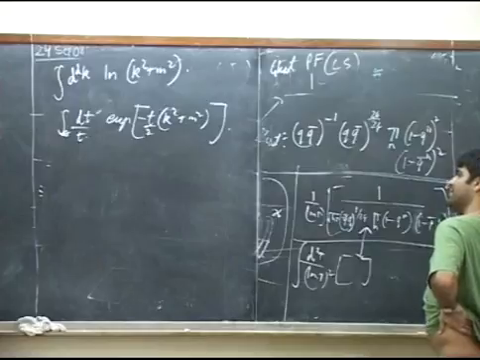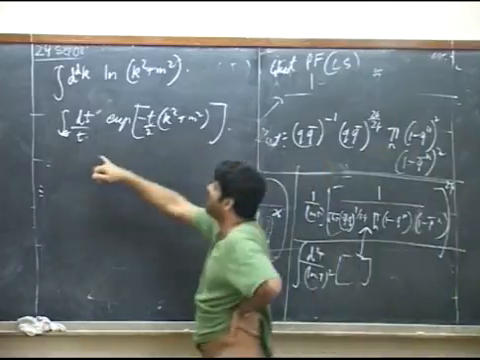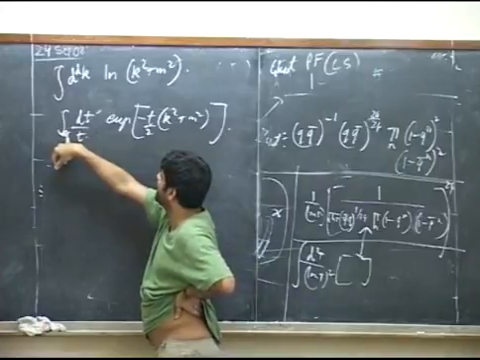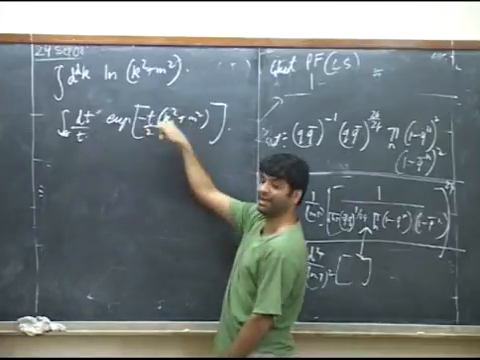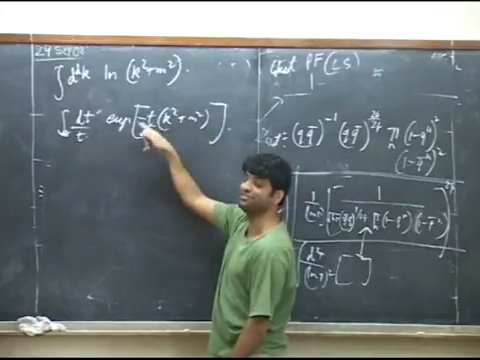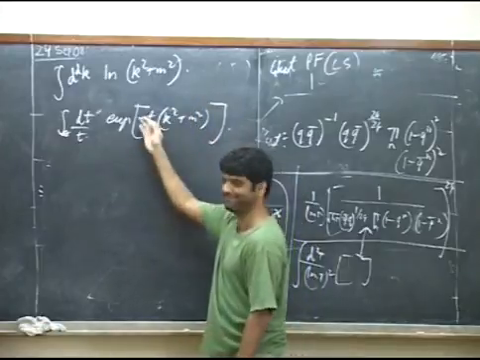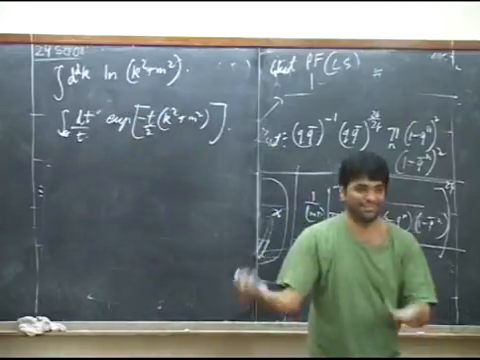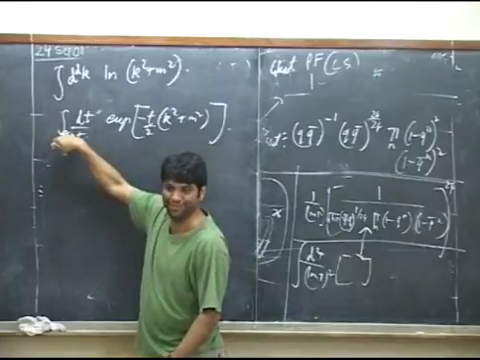Formally, this object is independent of k squared plus m squared by change of variable. You can define some t prime, which is t times k squared plus m squared. This measure is invariant. Formally, this answer does not depend on k squared plus m squared. But the reason that it actually does is that there's a cutoff.